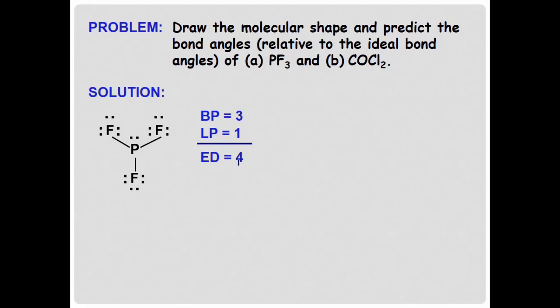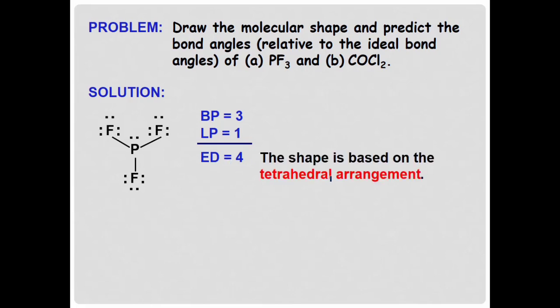Molecules with 4 electron domains have a tetrahedral arrangement. But this is not the real shape, because we have to look at the symbol AX3E.